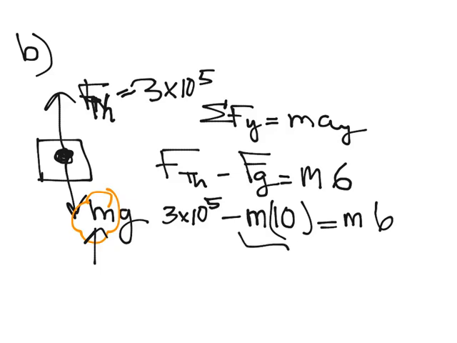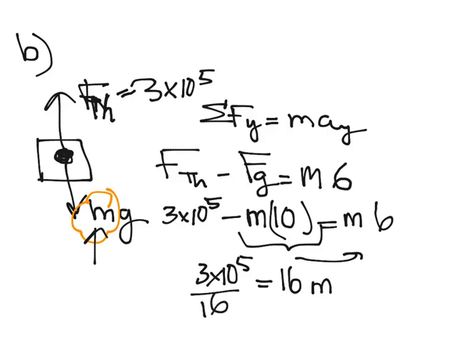We bring this over to the other side: 3 times 10 to the 5th is equal to 16m. We divide both sides by 16, and we find that the mass is now equal to 18,750 kilograms.